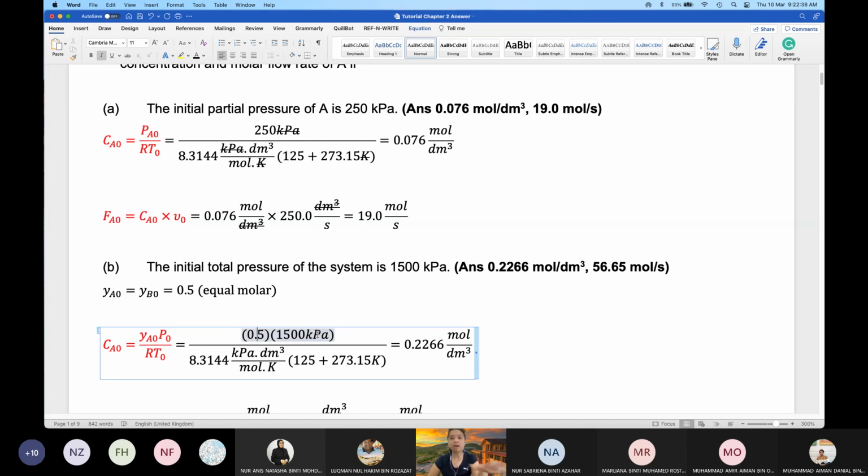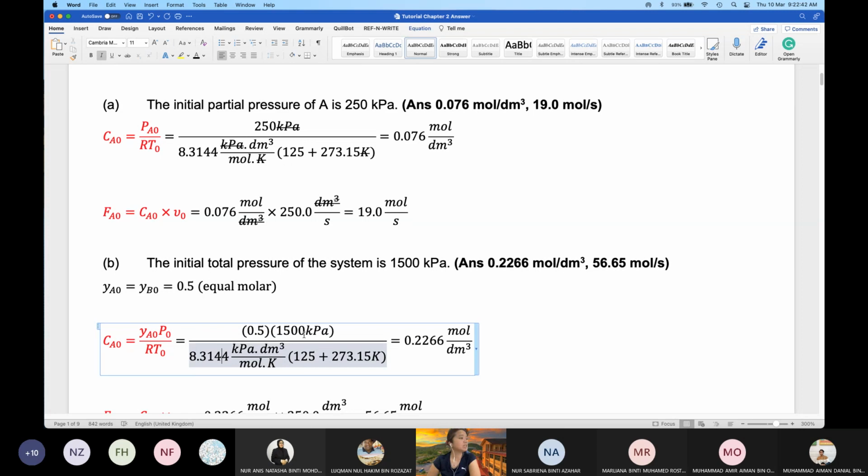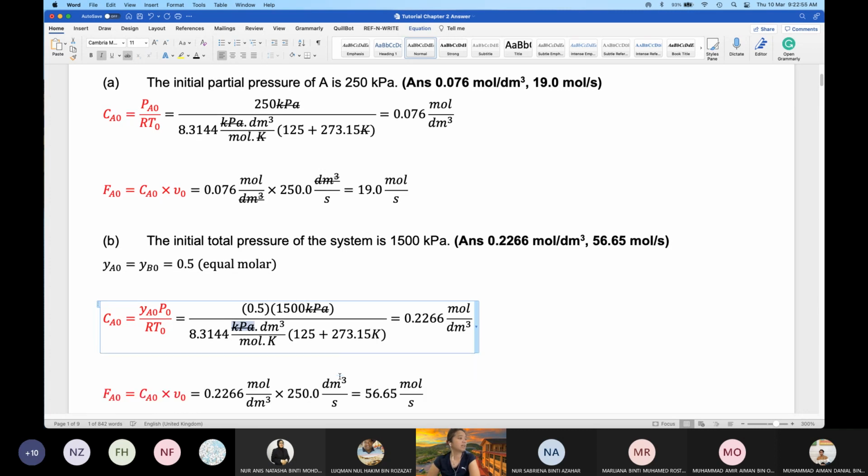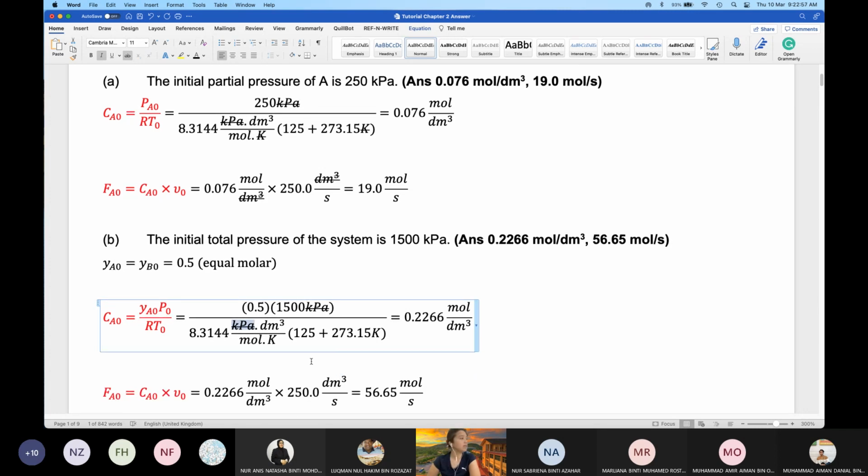divided by a similar concept, the R value. Since my pressure is in kilopascal, I will also use the R value with the kilopascal unit, so 8.3144 kilopascal dm cube per mole Kelvin. By doing this, I can already cancel my kilopascal unit.